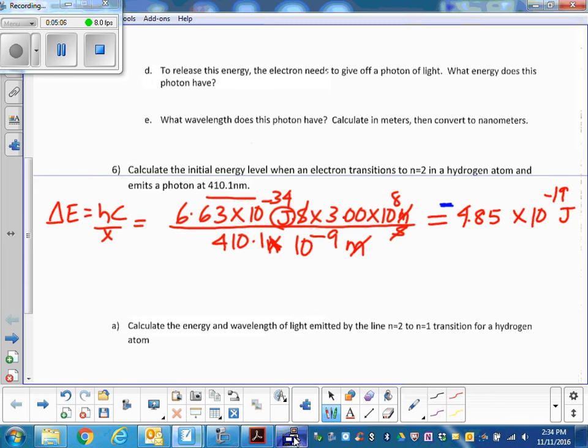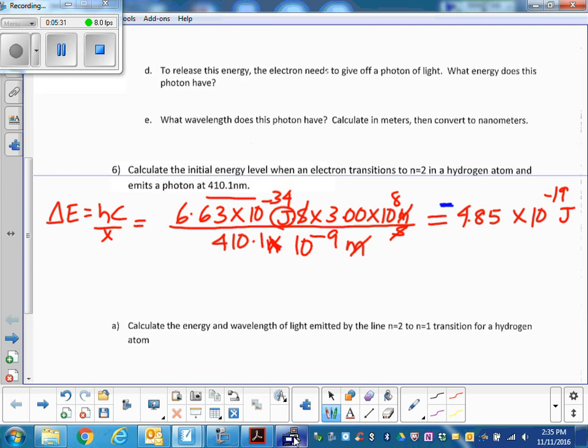Guys, so this is negative. Now I need to use my Rydberg equation, because only the Rydberg equation gives me the initial and the final energy level. I need to find out my initial energy level. Isn't that the objective of the problem?